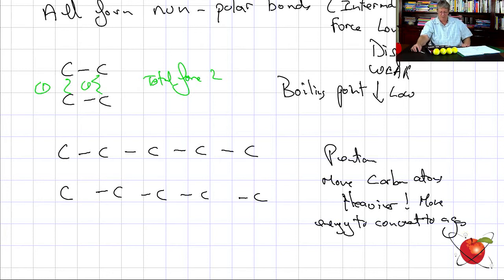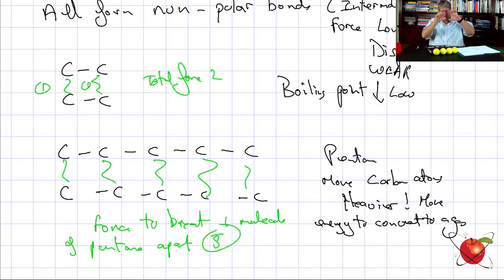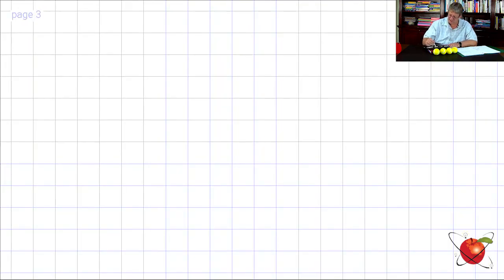Now, I've only got 4. But what are we saying? We're saying that the force to break one molecule of pentane apart is 1, 2, 3, 4, 5. So the longer the chain, the bigger the force. It's like a zip.